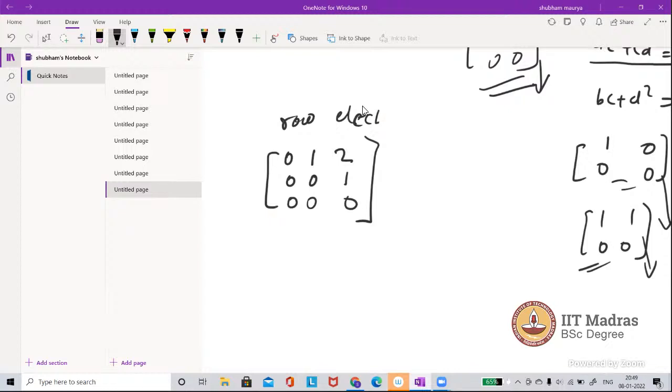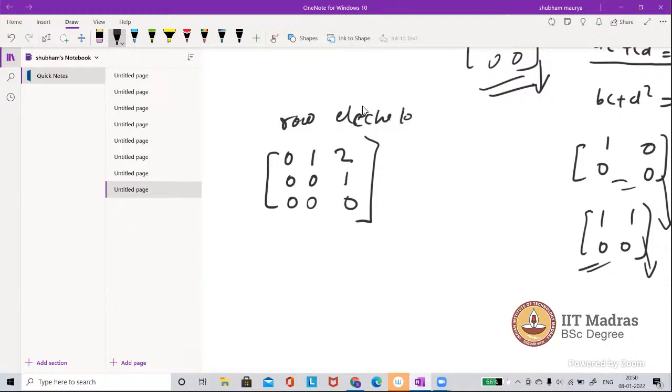One minute, Shubham. Shreya, can you tell me, is it row echelon form? Sir, according to me, it is not, because the first element of the first row is not non-zero. But all the elements in the column are 0, so there is no need of a non-zero element in the first row, right?